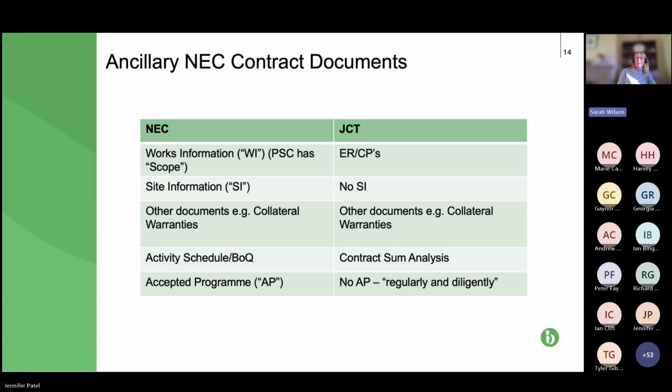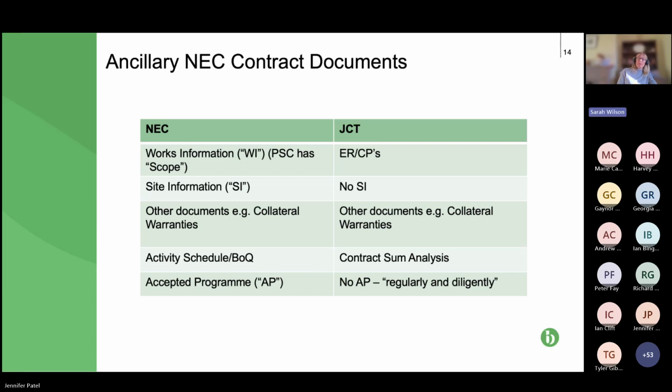Whereas the contract sum analysis in JCT is used for payment, but the way that variations and other costs are quantified in JCT is by reference to analogous costs and rates in the contract. So if your contract sum analysis has rates for, I don't know, some bricks, and there's a change to the works that requires further bricks, typically you're required to use that pricing for the change pricing mechanism as well.